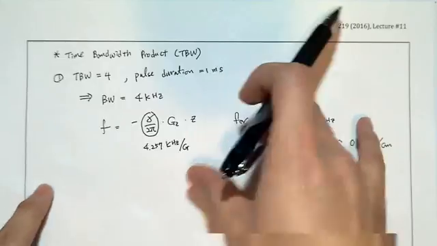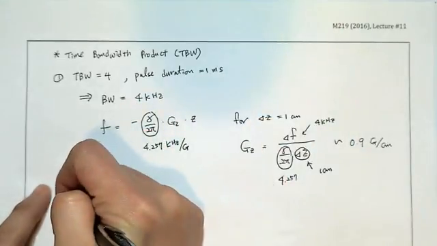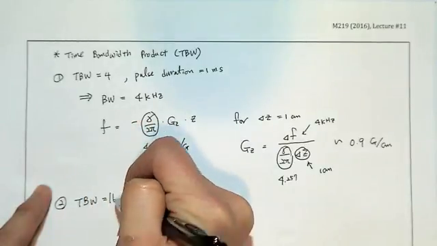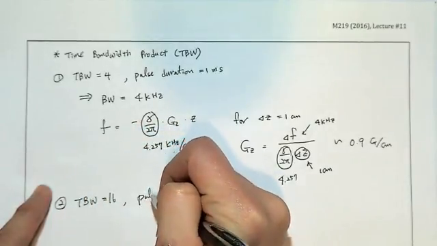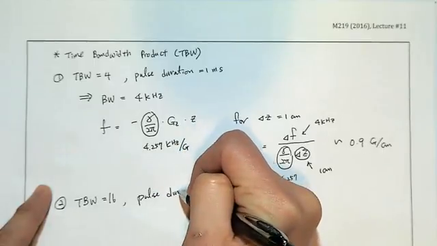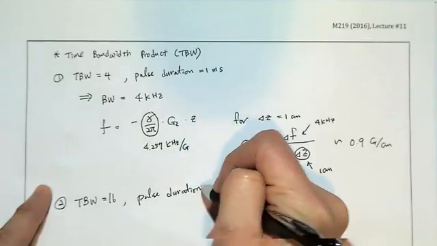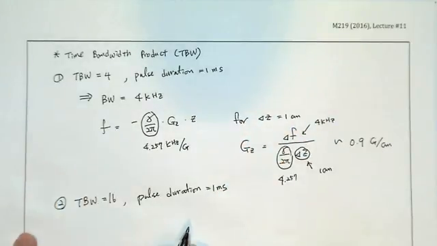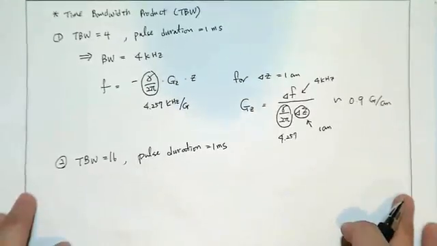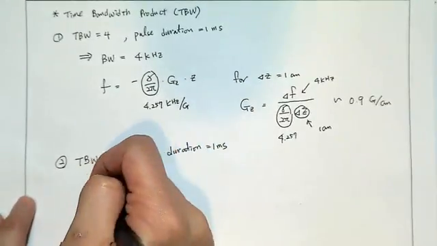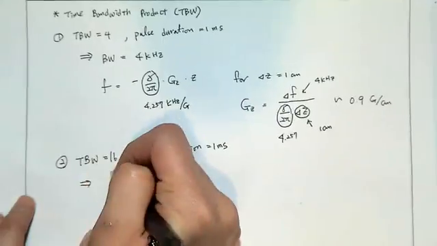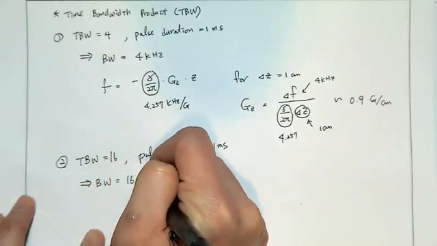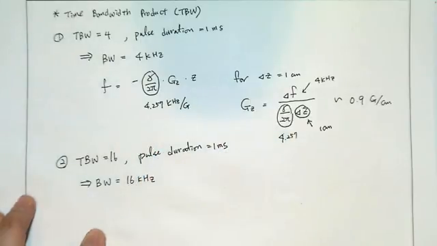In this situation, you're going to look at a time bandwidth product equal to 16, and the pulse duration is the same, 1 millisecond. Then as I said, the bandwidth has to be 16 kilohertz, right?